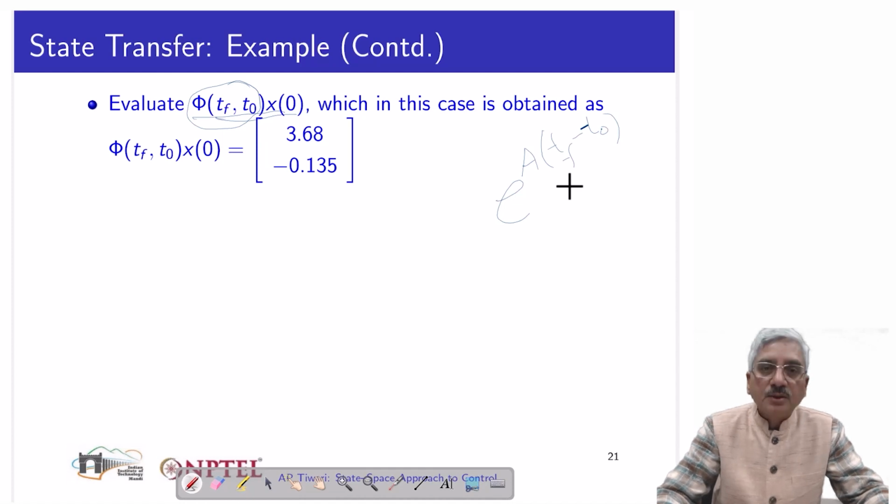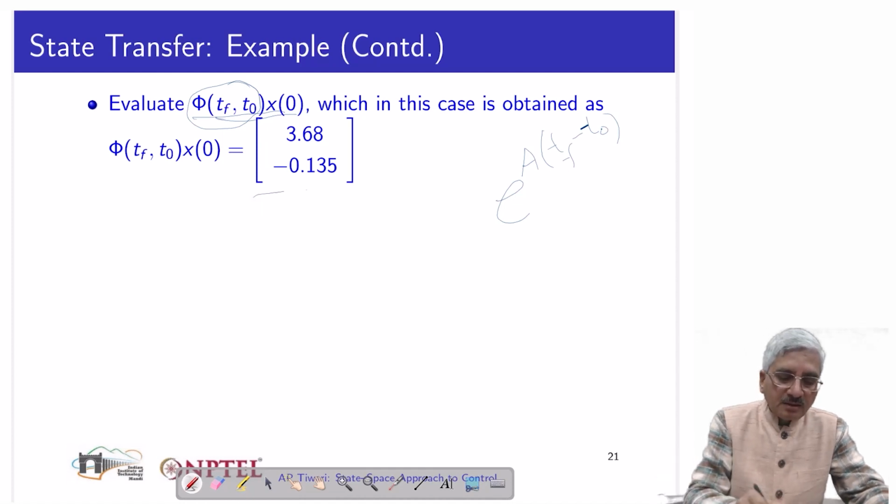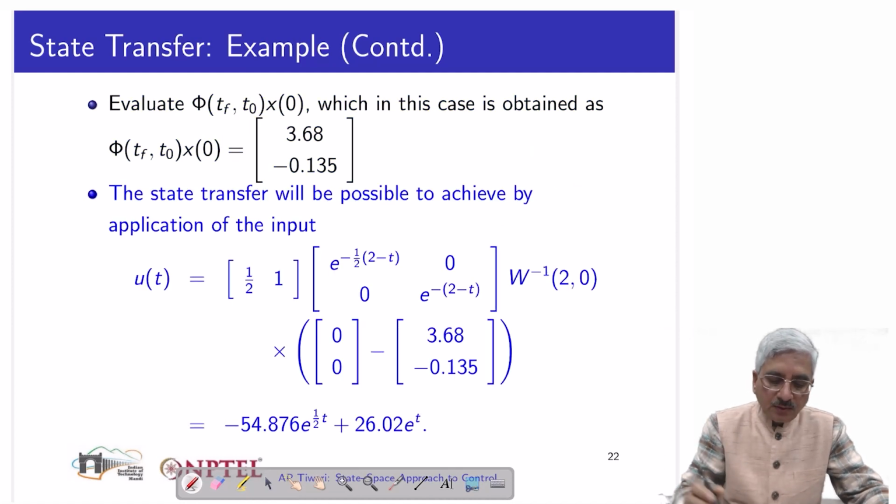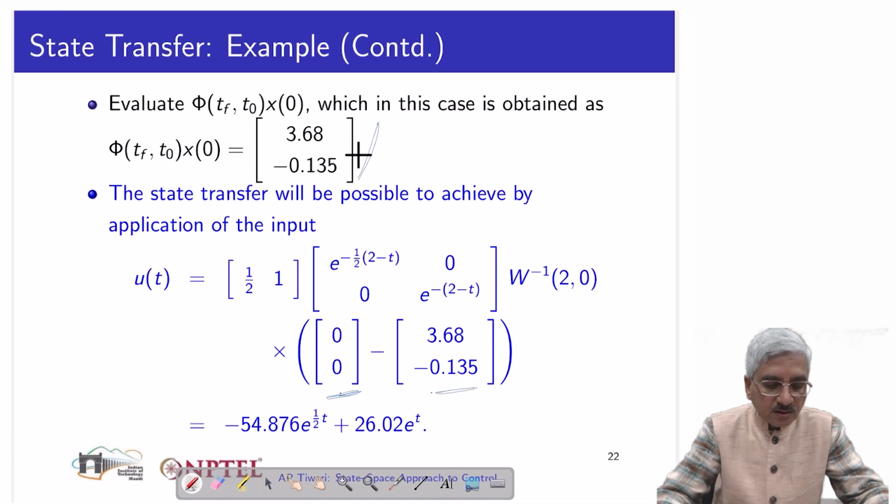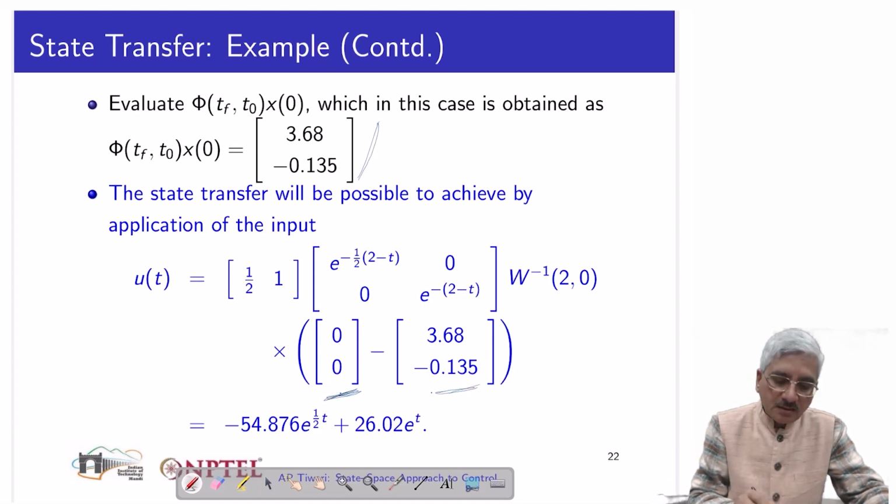Multiply that with x0 and we get this. So the input u(t) will be given by this: this is phi(tf, t0) x0, and this is x(tf), the final value.